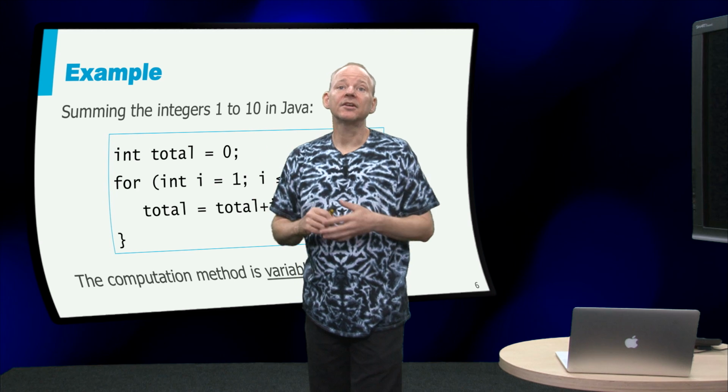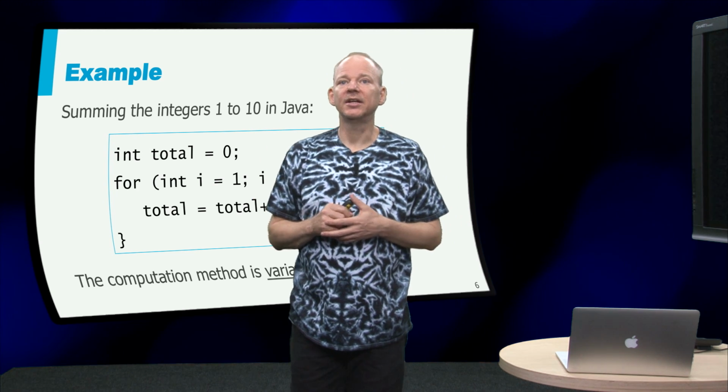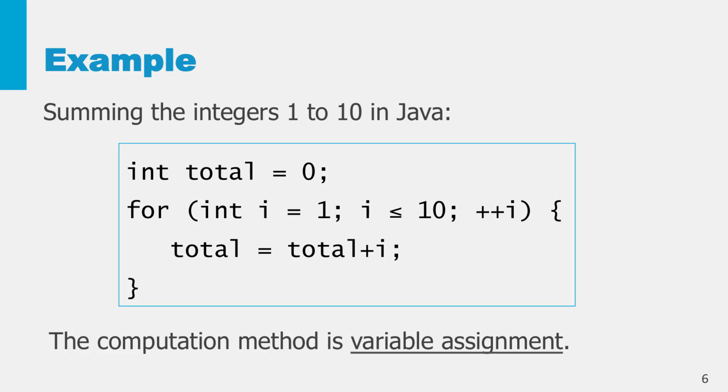So let's start with our first fragment of code here. This is some old-fashioned Java, where we're computing the sum of the integers from 1 to 10. The way we do that, as I said, in the traditional imperative style, is by using statements. The first thing we do is declare a variable, total, of type int. We initialize it with 0.